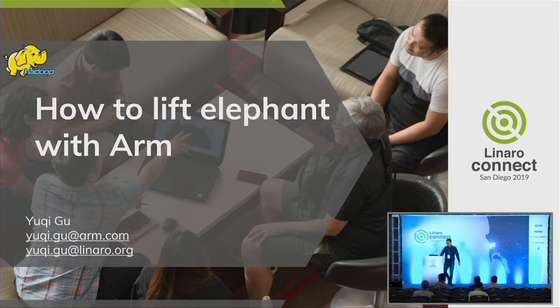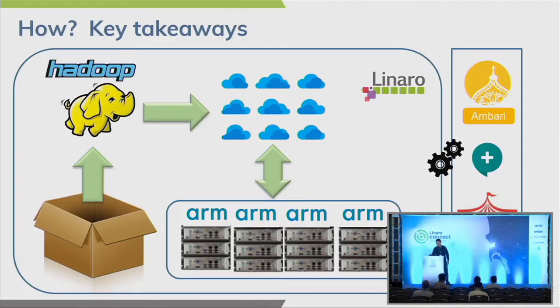So how to lift them on Arm servers? With the increasing demand for big data technologies like Hadoop, we have seen massive usage of data analysis, which brings huge clusters into place. How to lift them and how to manage them becomes a challenging task.